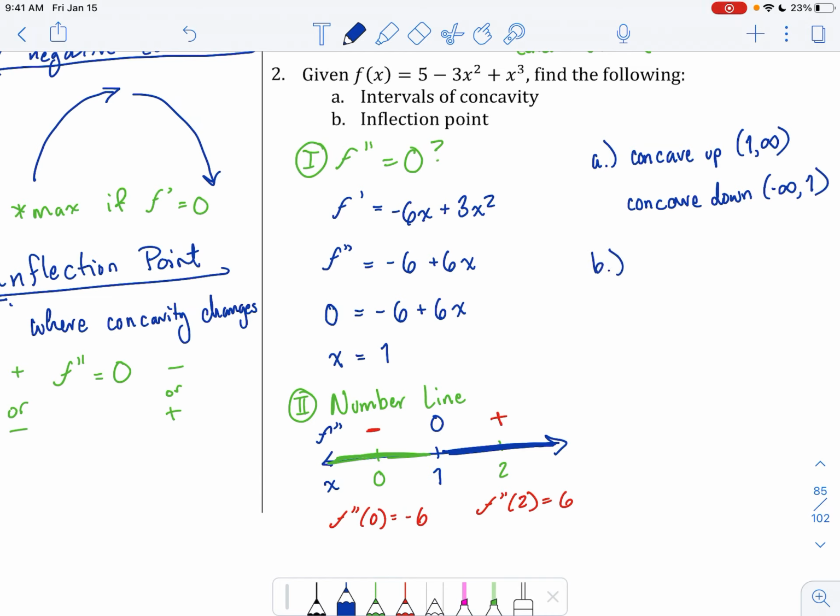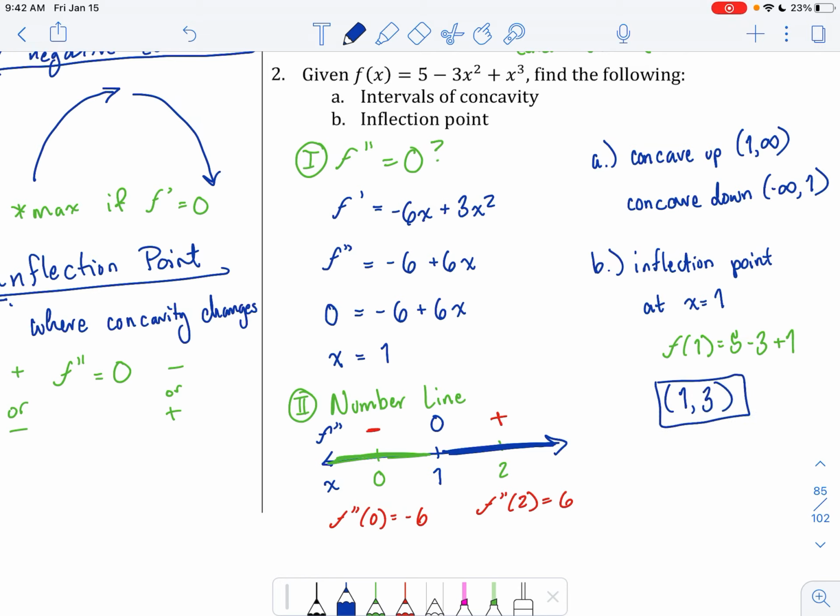And since it's changing, we have an inflection point at x equals 1, which means that we want to find the entire point. So what's f of 1? It's 5 minus 3 plus 1. So the actual point of inflection, x is equal to 1, and f of 1 is 3.